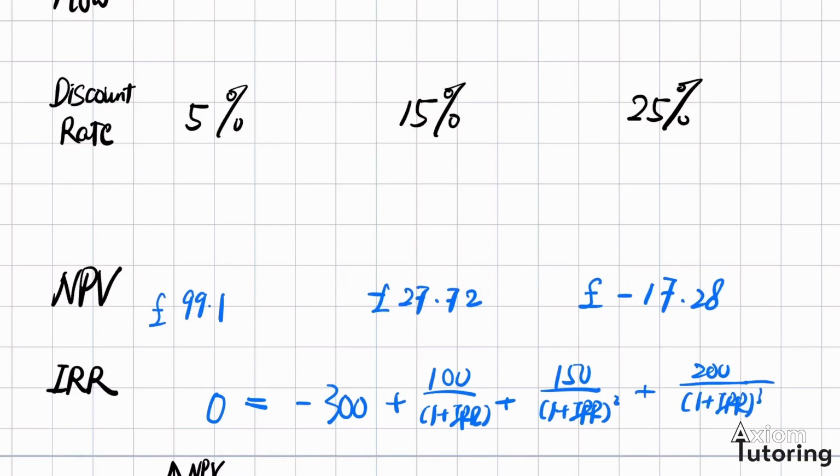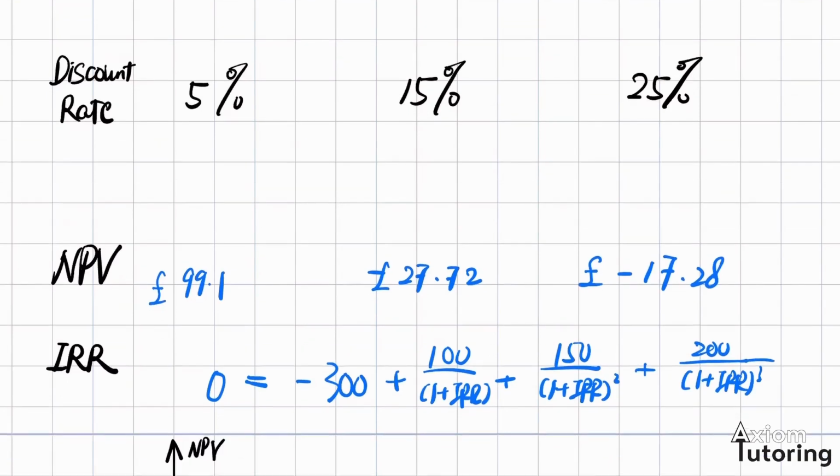This is going to be a higher order polynomial, which you cannot solve just by hand. So normally this is done by an Excel formula, and we can plug in the numbers and tell Excel to calculate the IRR for us.